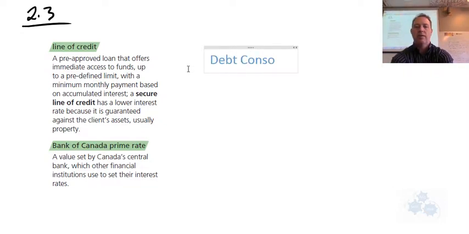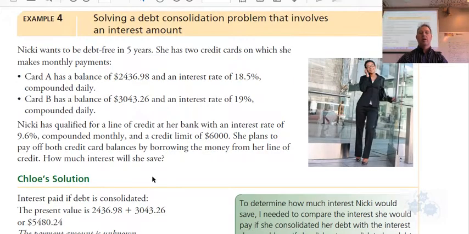So write this down. Debt consolidation. Let's read through the example, and then we'll be able to jot down a definition once we understand this example. This will help us.